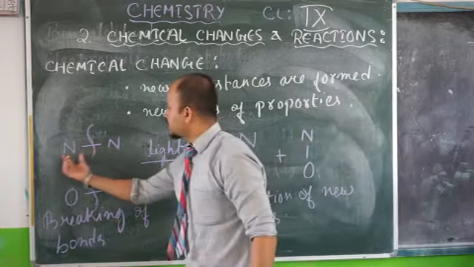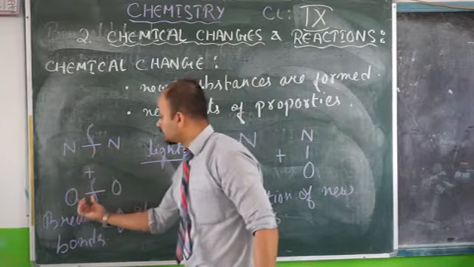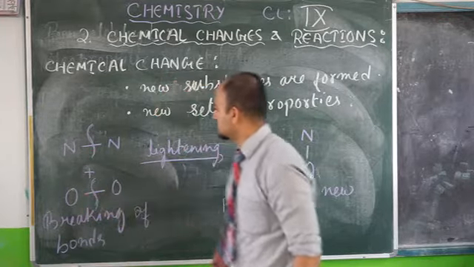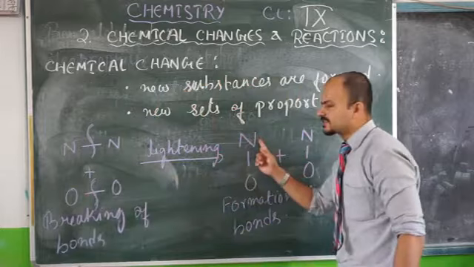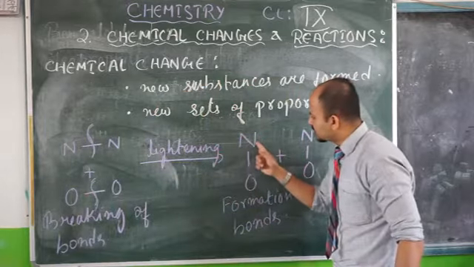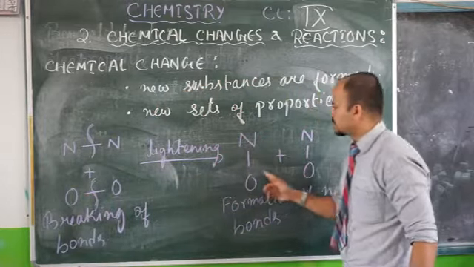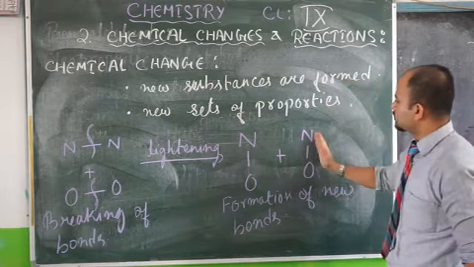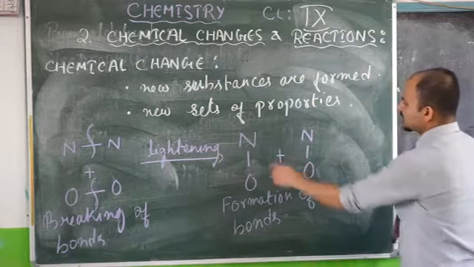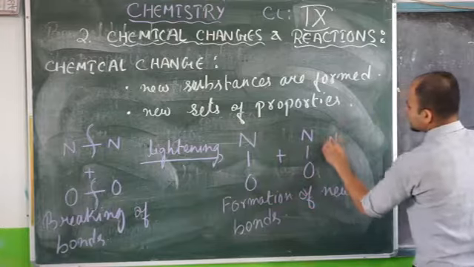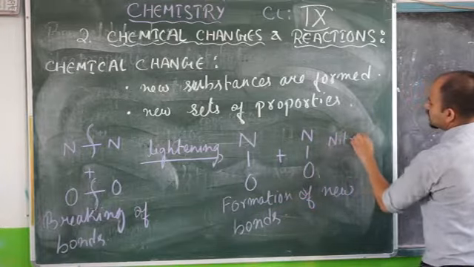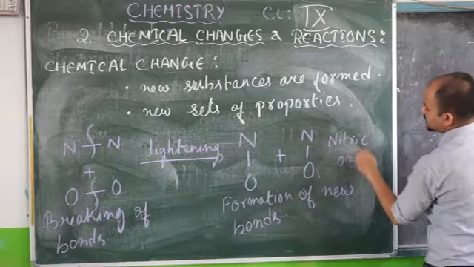Before, the bond is between nitrogen and nitrogen, and between oxygen and oxygen. But after the reaction, bond formation takes place between nitrogen and oxygen, similarly here also. And this compound NO is known as nitric oxide.